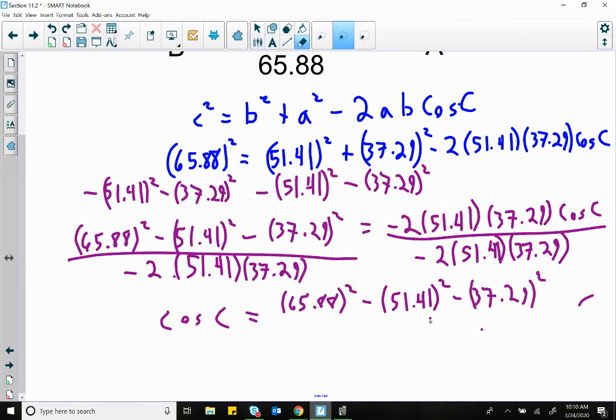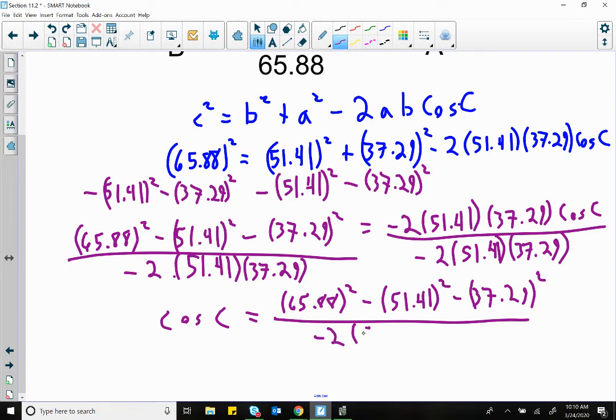Let me get rid of these random dots that appear. That's just my hand touching the screen. How do I get C by itself? Inverse cosine to the rescue.